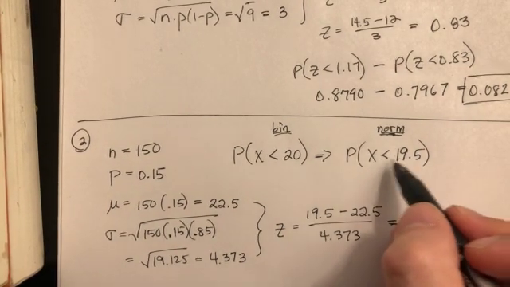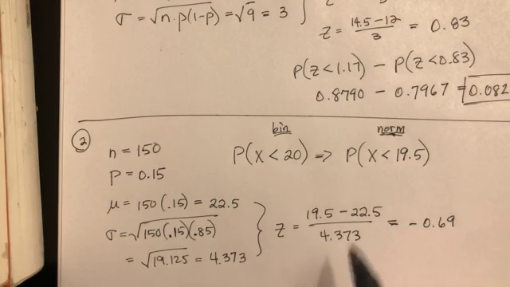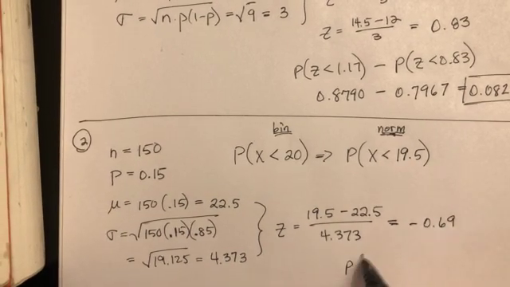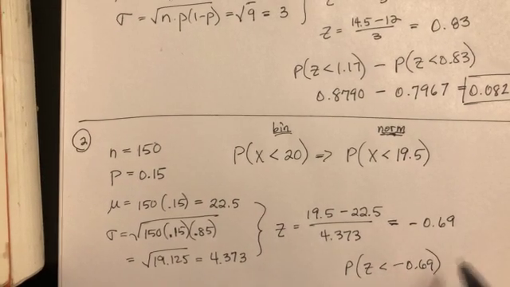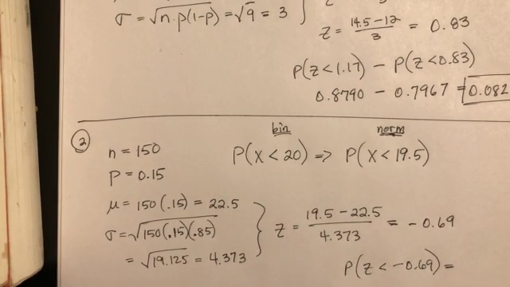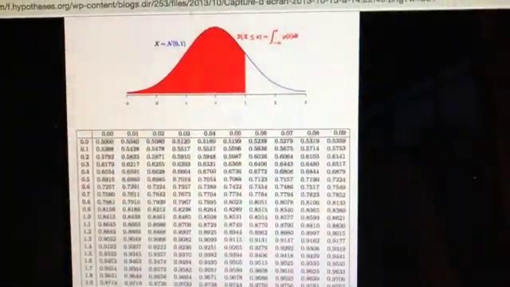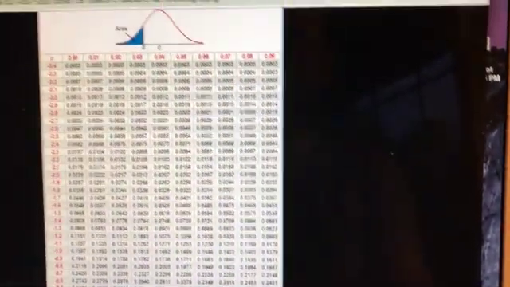Okay, so now since it's less than, all I have to do is find the chart number for that. So the probability that z is less than negative 0.69 is going to be equal to, let's look at the chart together. Oh, negative numbers, so I need this chart right here.